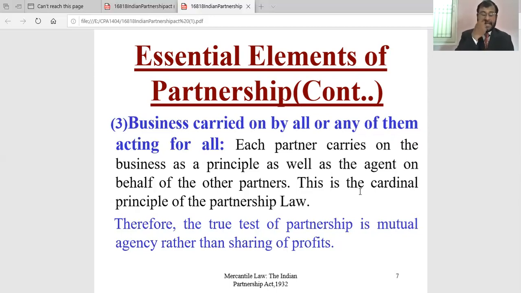As I told you in my earlier classes, the most conclusive test to form a partnership is the sharing of profits. Sharing of profit is a conclusive test to determine whether a firm is a partnership or not.